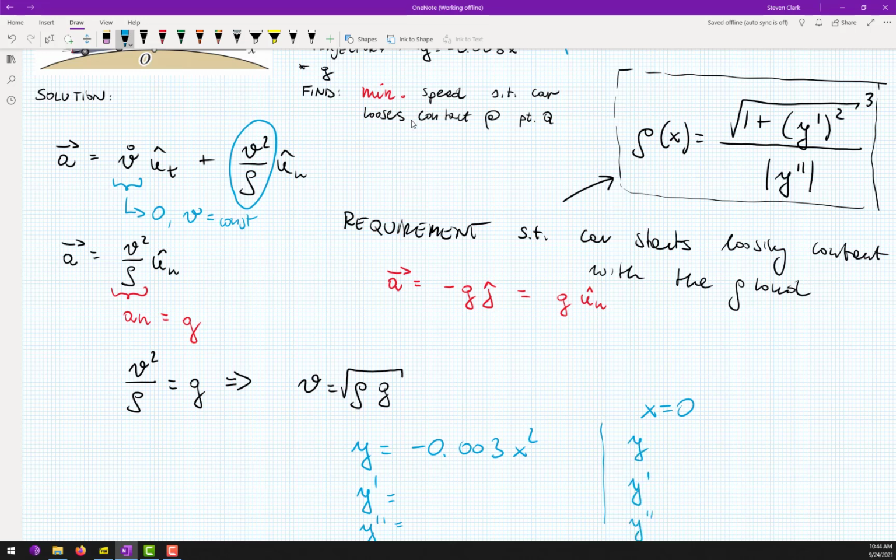You can do it right now: y prime is minus 0.006x, and y double prime is minus 0.006. So at x equals 0, y prime is 0 and y double prime is minus 0.006. Please plug these values in and find rho.